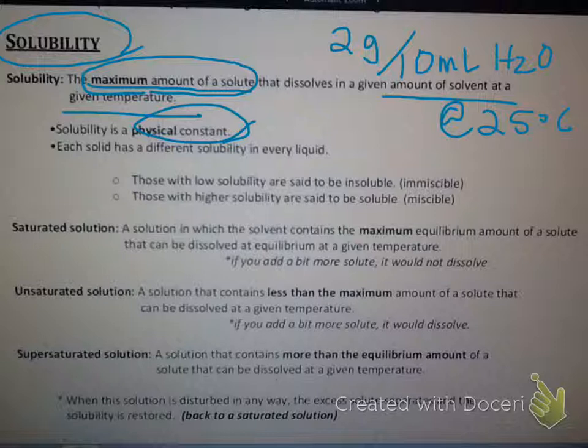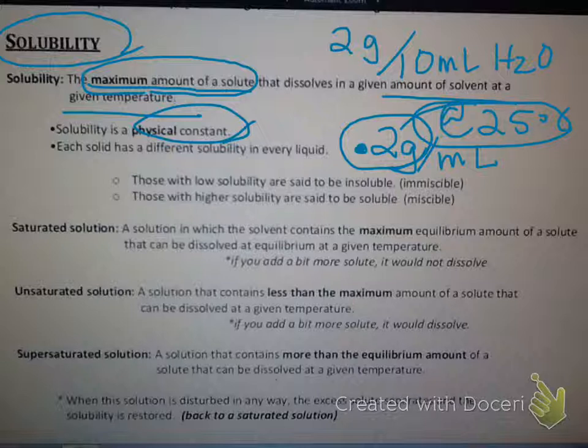If I divided this, I would get 0.2 grams per milliliter in water that this substance would dissolve at 25 degrees Celsius. What we see here is that for solubility, there's a certain amount of solute that will go into a certain amount of solvent, and the amount is dependent on the temperature at which you're dissolving.